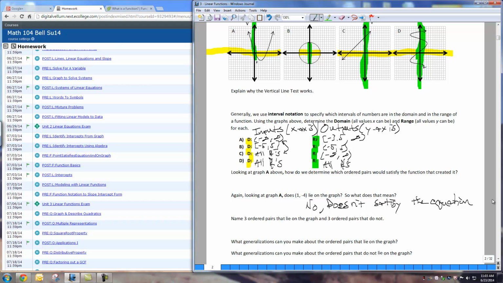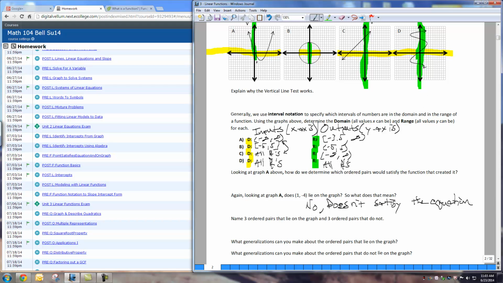Name 3 ordered pairs that lie on the graph and 3 that do not. Now it's hard to tell exactly what lies on the graph, so let's just answer the next question. Since we don't have functions attached to these and we won't know for sure, we're just kind of guessing. What generalizations can you make about the ordered pairs that lie on the graph?